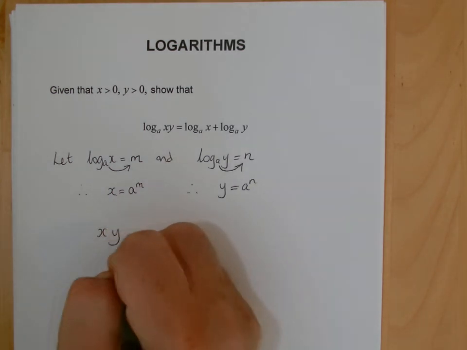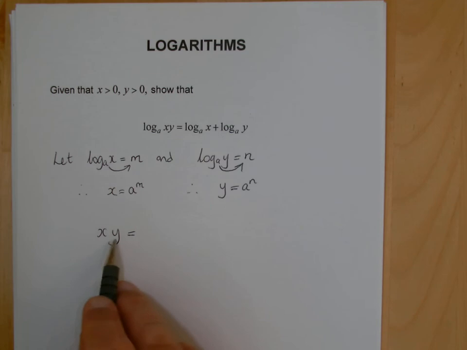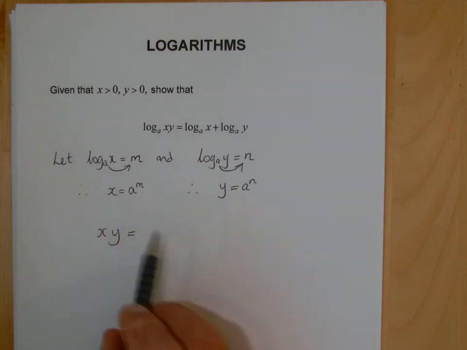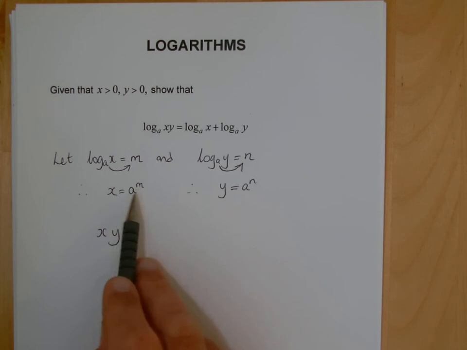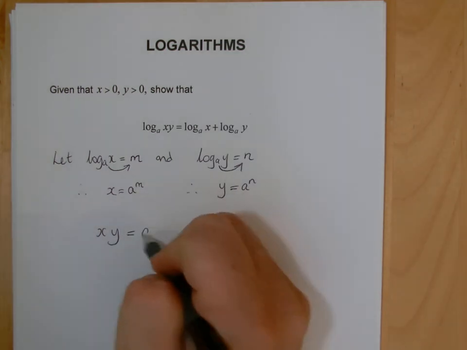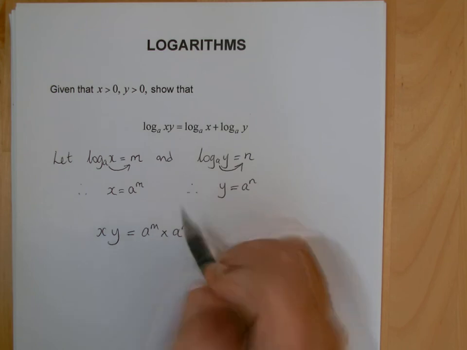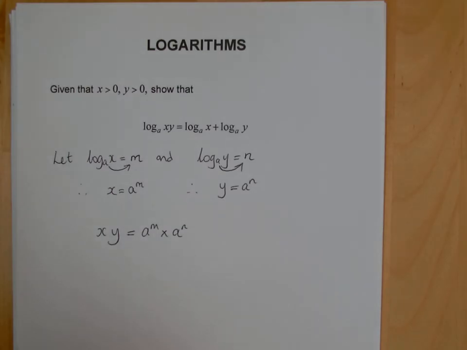So let's look at what xy is going to be equal to. Of course, it's x times y, and we've got an expression for x and an expression for y here. Because I'm multiplying them, I can use these now. So instead of saying xy, I can multiply what I've said x is and what y is together: a to the power m times a to the power n. When you see that, you can simply think back to GCSE work on the rules of indices.